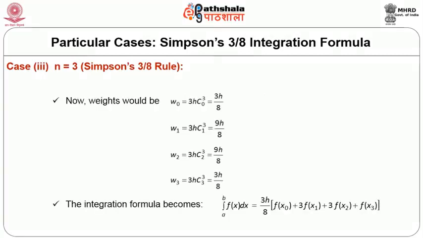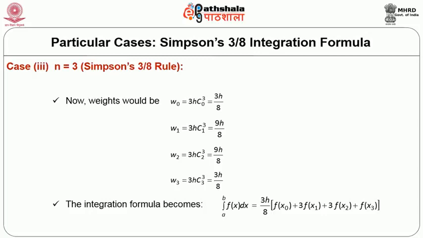And so our weights will become W0 is 3h into 3c0, so 3 into h by 8. W1 is 3h into 3c1, so this becomes 3 into 3h by 8, so 9h by 8. And W2 is also the same, 3h into 3c2, which is also 9h by 8. And W3 is 3h into 3c3, that is 3h by 8.